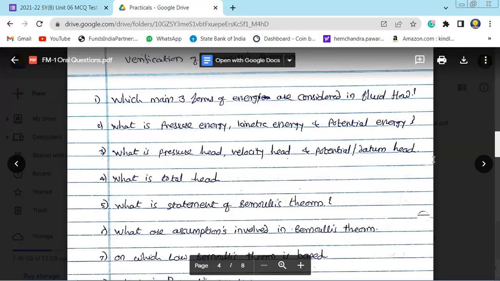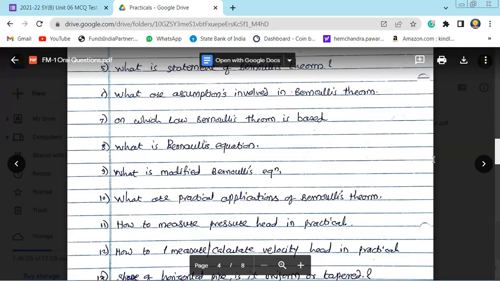What are assumptions involved in the Bernoulli's theorem? On which law Bernoulli's theorem is based?